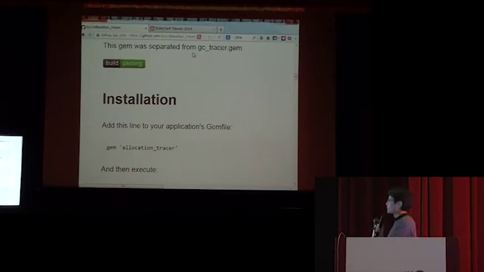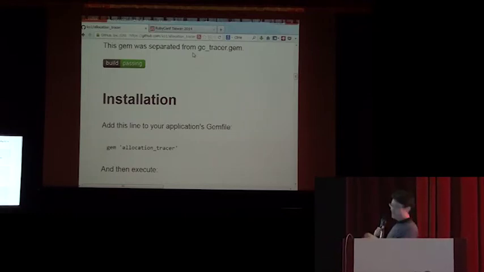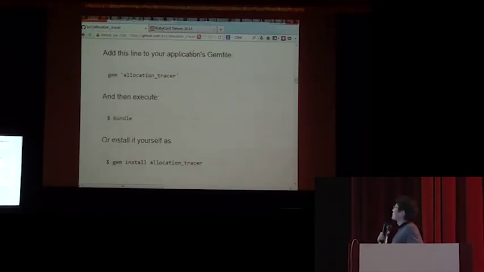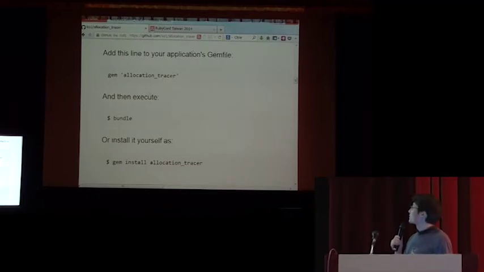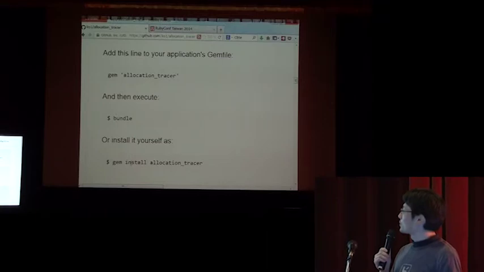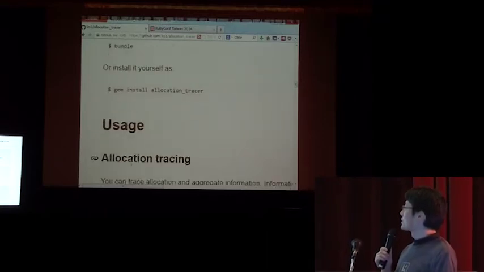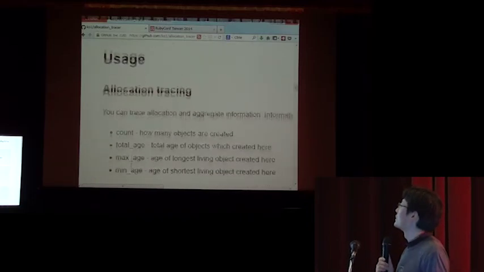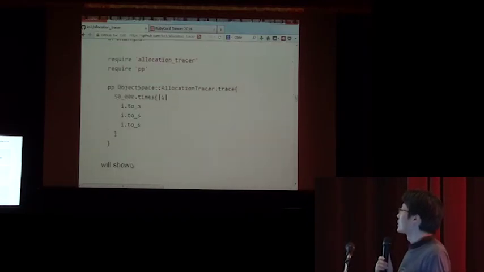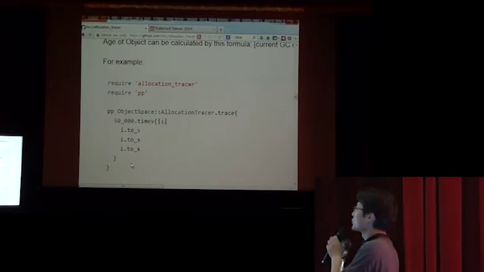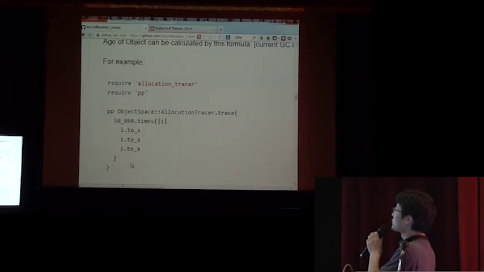This is the first time I used Travis CI. Installation: write allocation_tracer in your Gemfile and run bundle install. It is very easy. Gem install is very easy. So for example, we can write a program in this block.